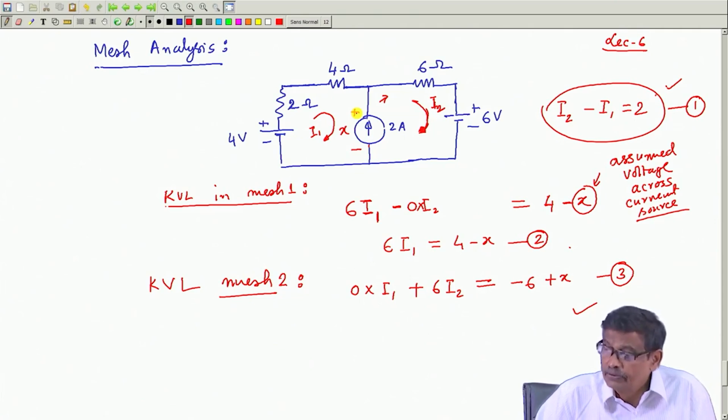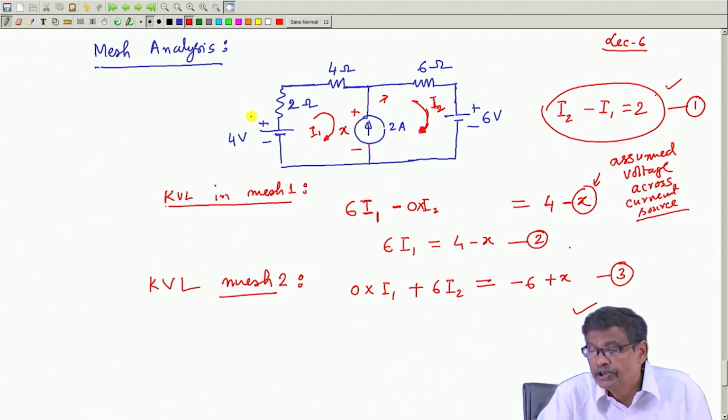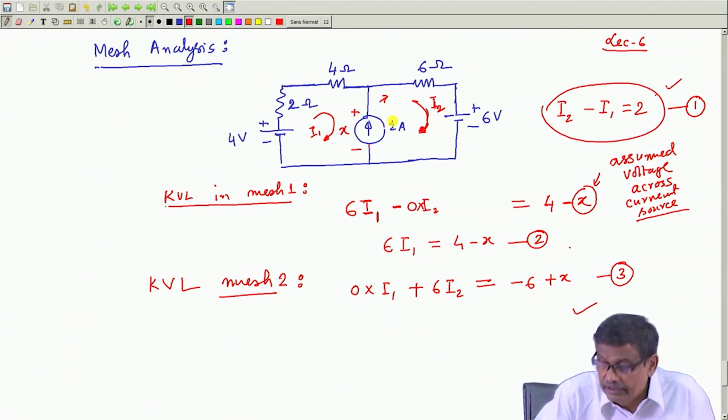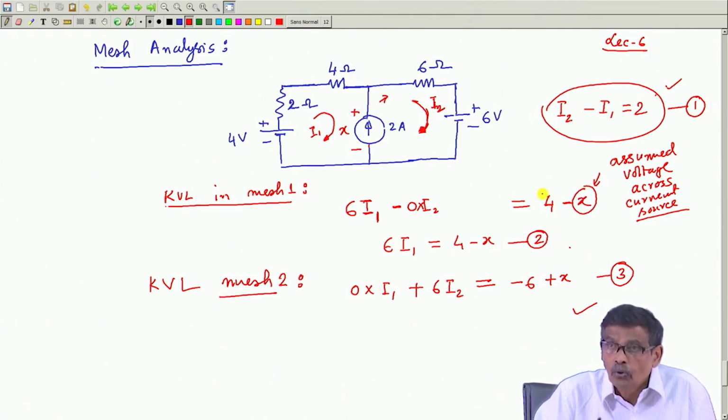So, while writing down KVL equations, you follow the same rule, coefficient of I 1, sum of resistances and so on, coefficient of I 2, if there is no resistance in this branch, it is 0 into I 2, but on the right hand side this x will have to appear. Do not be under the impression this voltage is 0, you do not write anything here, it is not short circuit. Often students make mistake here, understood.